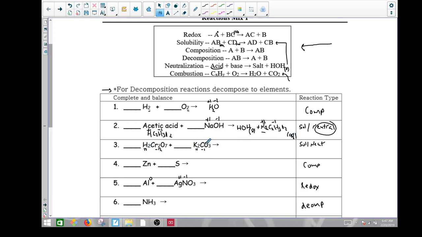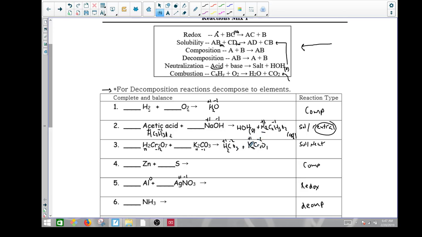All right, here we go. H and CO3. Got +1, -2, so I'm going to charge balance this to 2 right there. And then I have K and the dichromate, Cr2O7, +1, -2, and there's a 2 here.